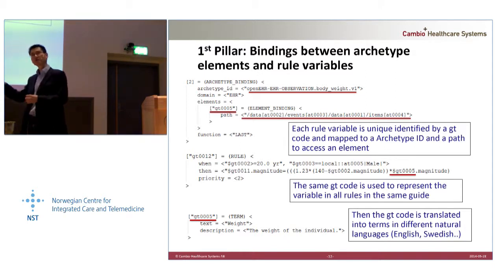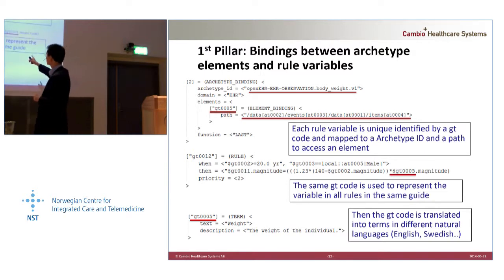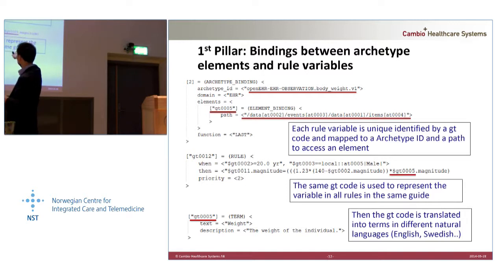To use those parameters from this body weight archetype, you're only interested in data points where the numeric value of weight is expressed in the archetype. So you pick the archetype ID and the path. That combination will be unique enough to give us a handle towards that archetype and use that handle in our rule expression.